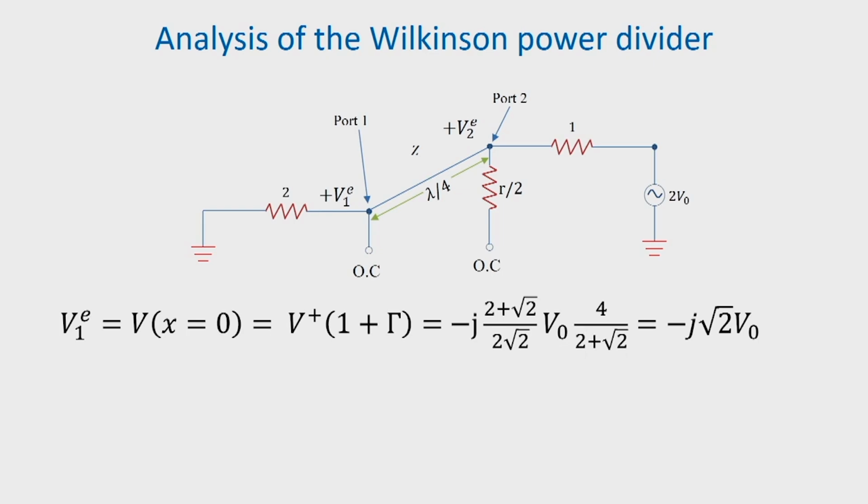So, finally, we get V1^E to be equal to minus j root 2 V naught. So, now we have found out V2^E to be V naught and V1^E to be minus j root 2 V naught.